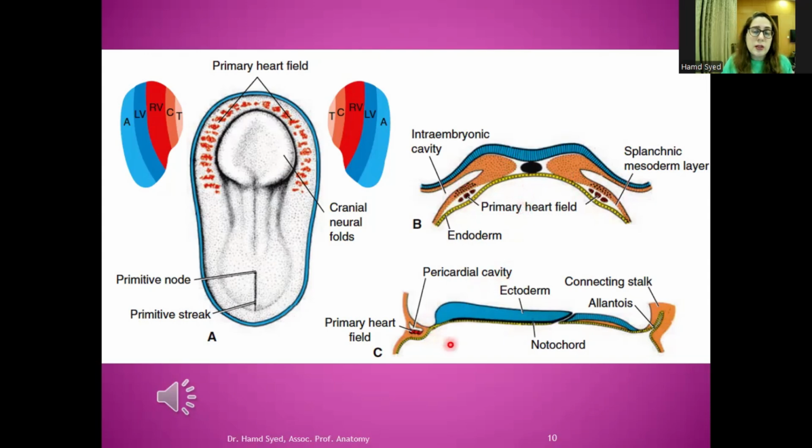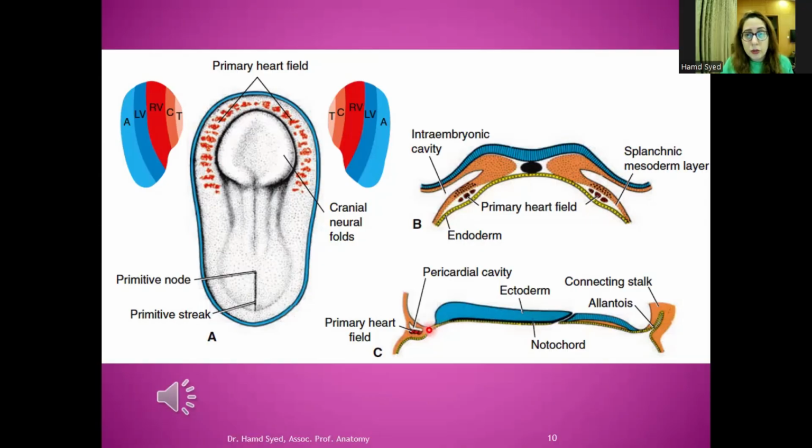And then in C, you can see the other section, which is known as the sagittal section. This would be if we are slicing this embryo in the midline and looking at the sagittal section. Here you can see the ectoderm, the endoderm, the intervening mesoderm, and cranial to this you can see the oropharyngeal membrane, which I told you is the place where the ectoderm is directly attached to the underlying endoderm without intervening mesoderm.